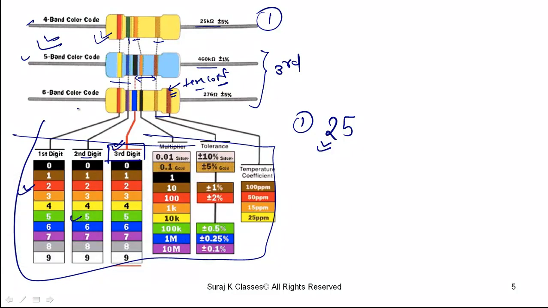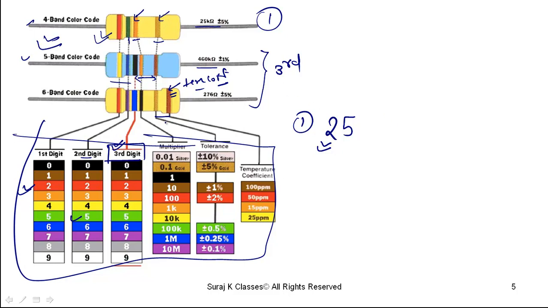The 6 band always comes with the temperature coefficient. The 5 band does not come with the temperature coefficient, but it comes with the third digit. And 4 band is very simple. There is no temperature coefficient, only tolerance and multiplier. So if this sixth one is not coming, then these two color bands are common in 4 and 5.